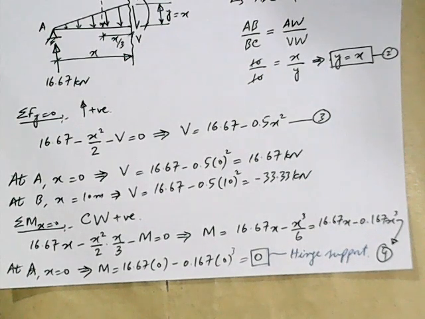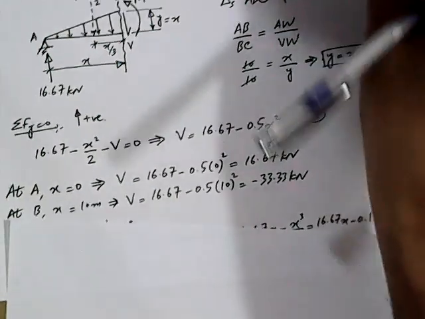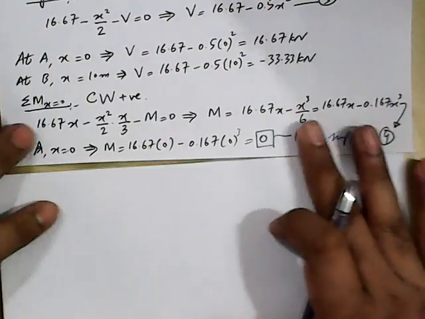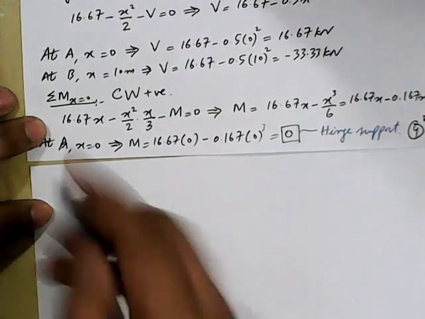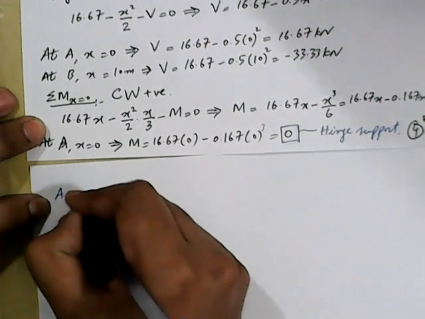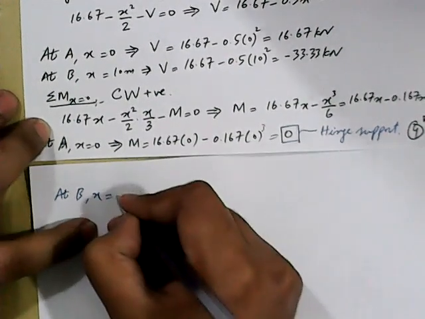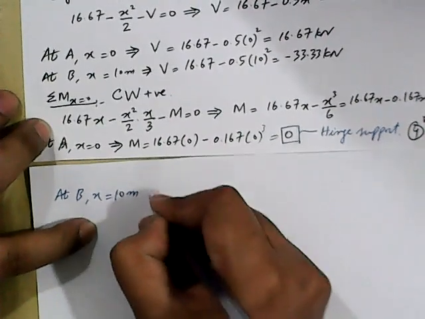Now let's move on and calculate the value of moment at point B. At B, how much is the value of x? x is equal to 10 meters.